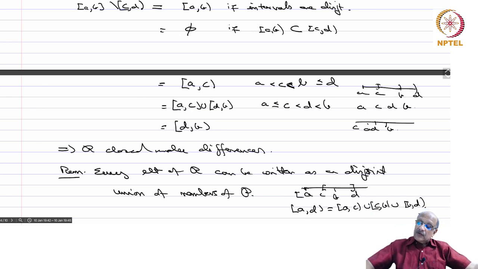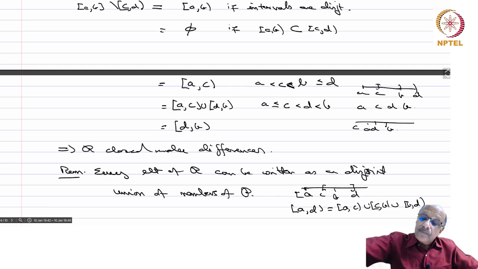Okay, so these are all disjoint members of P, and this way anything can be broken up and written as a disjoint union.